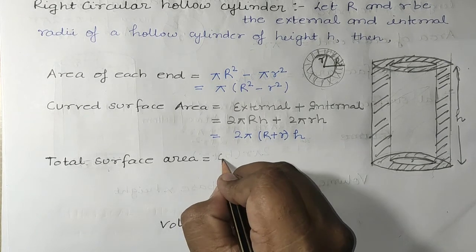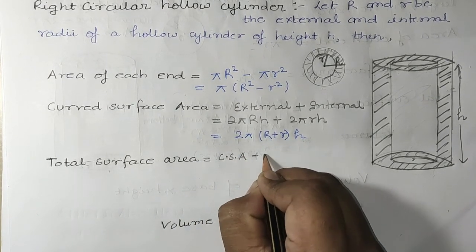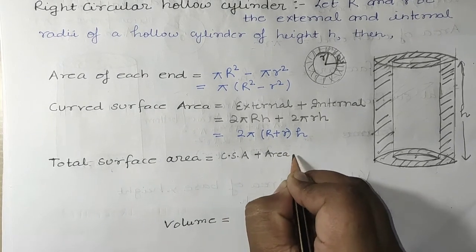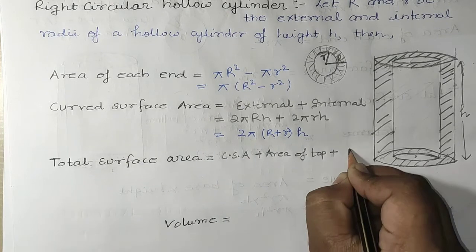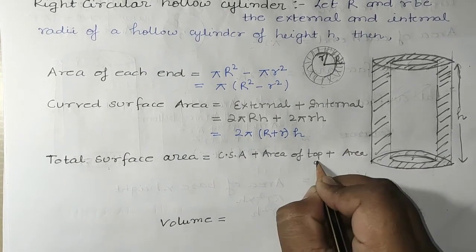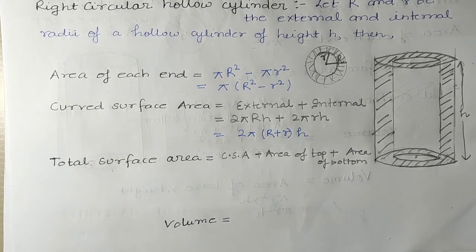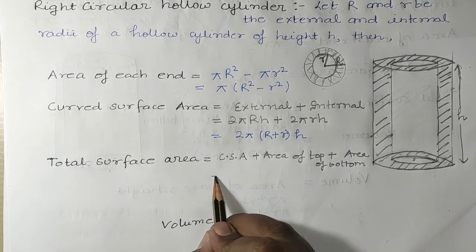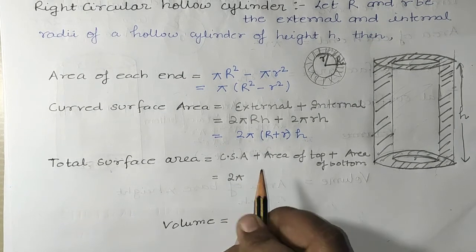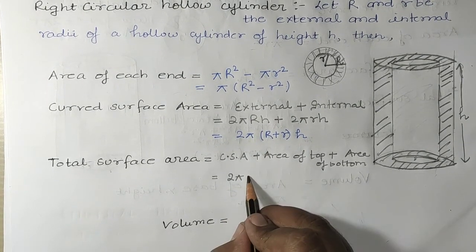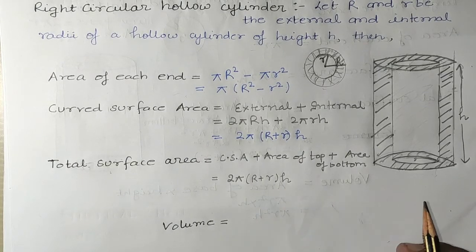So in the curved surface area we have to include the area of top plus the area of bottom. Curved surface area is 2 pi, R plus r, into h.